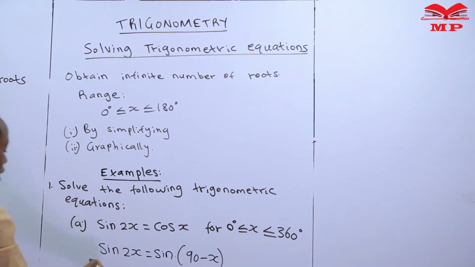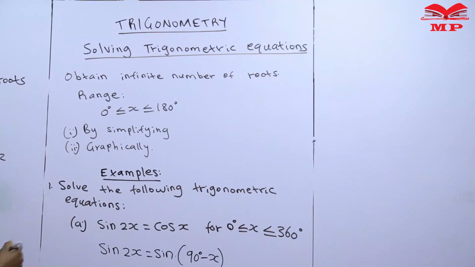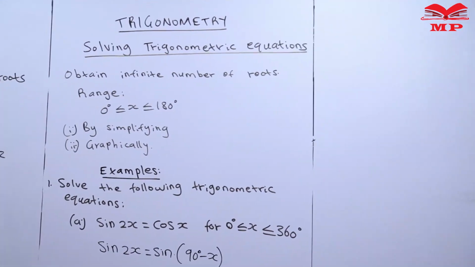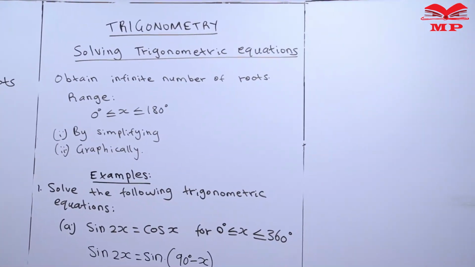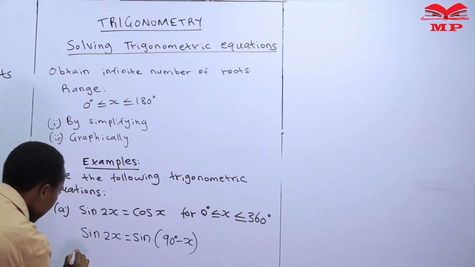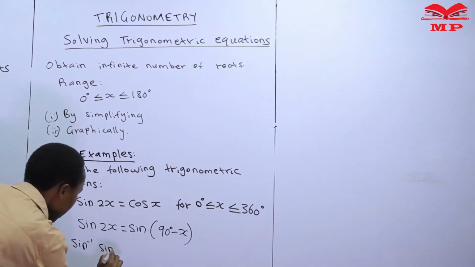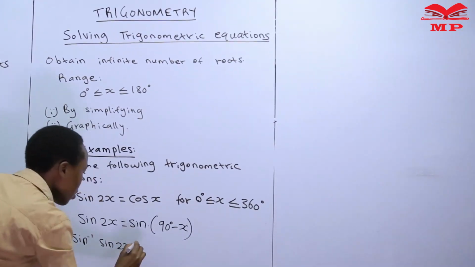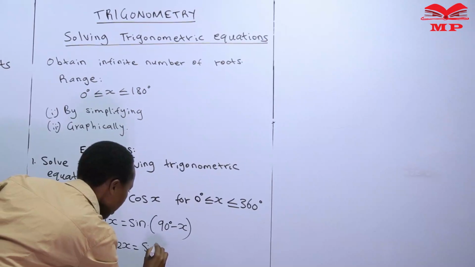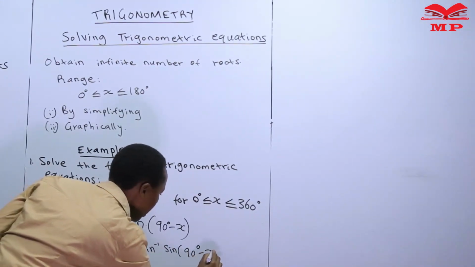So we have it as this, and therefore we can simply come and get the sine inverse on both sides, on dividing by sine. So in this case, when we get the sine inverse of sine 2x, it is equal to the sine inverse of sine (90 degrees minus x).